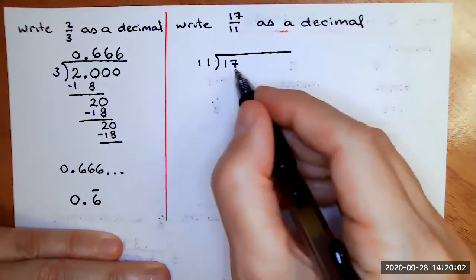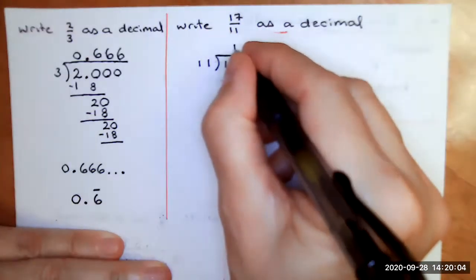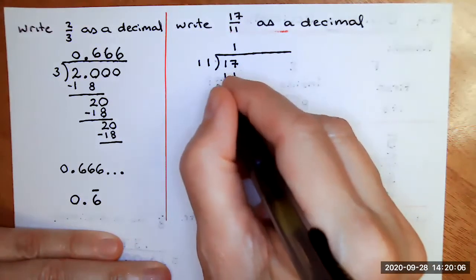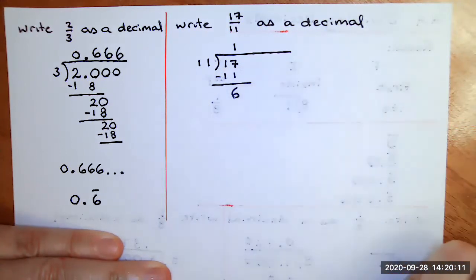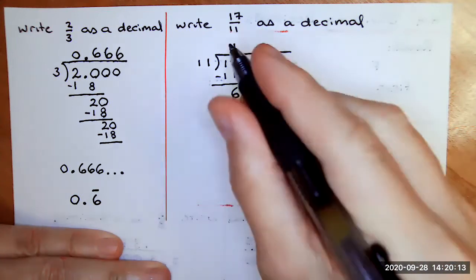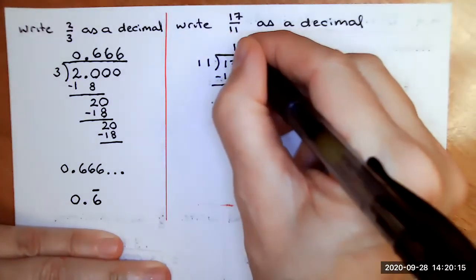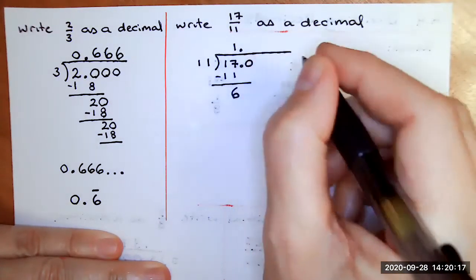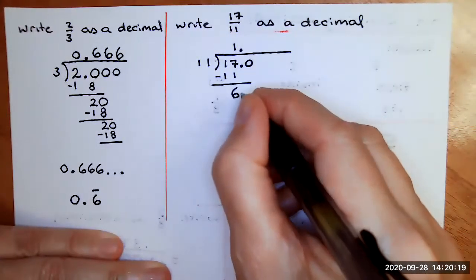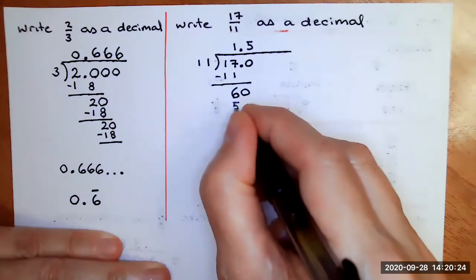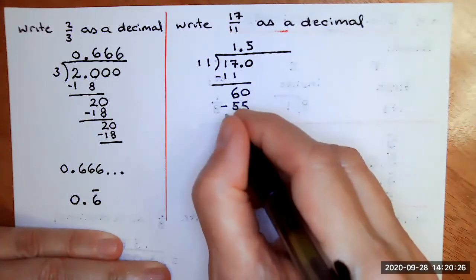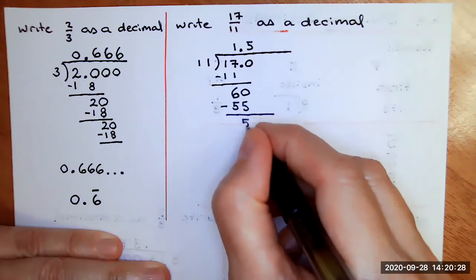And then you go, oh, that goes in one whole time. All right, and if I want to continue, now I can add a dot and then a 0. So 11 goes into 60 5 times. And we subtract and get a 5.